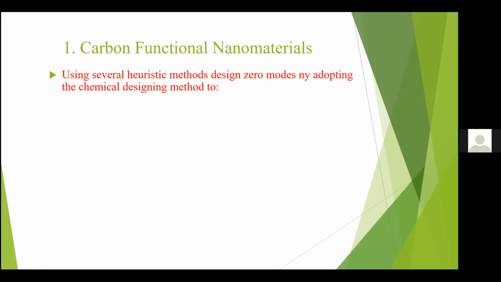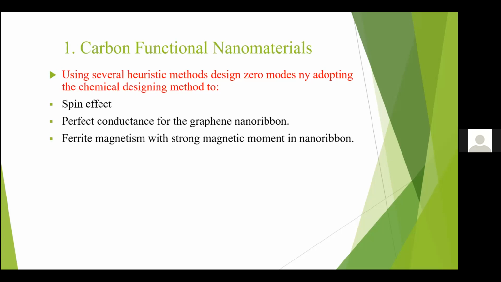Nowadays, using several heuristic methods, designs adopt chemical designing methods to find the spin effect and perfect conductance for graphene nanoribbons, and ferromagnetism with a strong magnetic moment in nanoribbons, and other interesting applications.